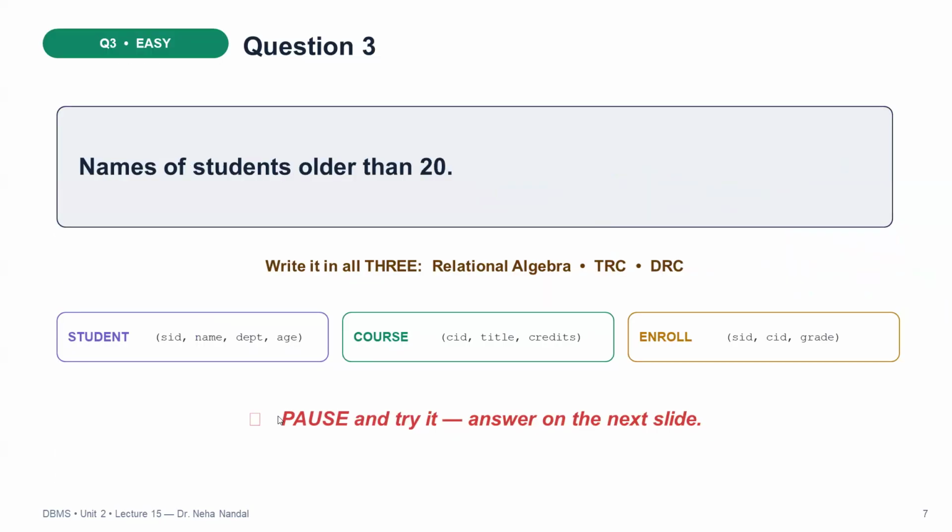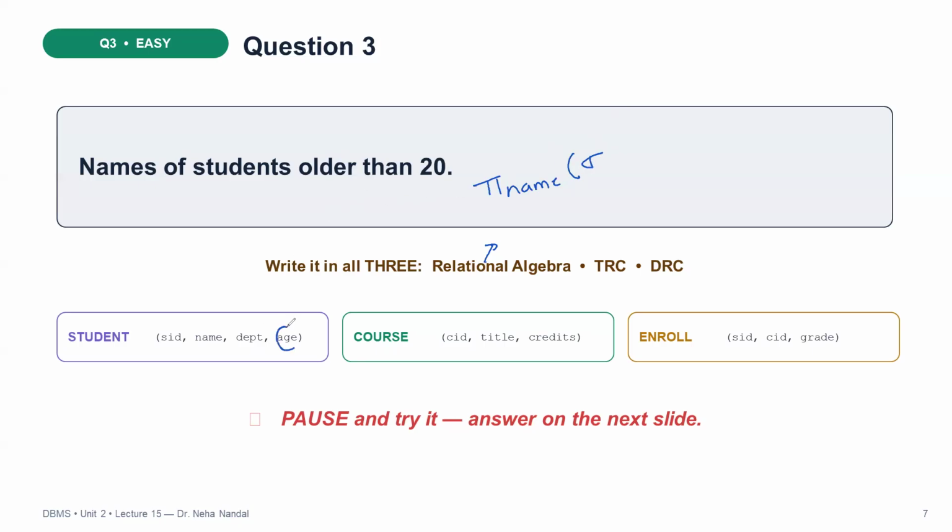So this is our third question. Display the names of students older than 20. Here a condition is also there and you want to project the names of the students. First, relational algebra. You want to project name first. Then there is a condition and you have to select those who are older than 20.